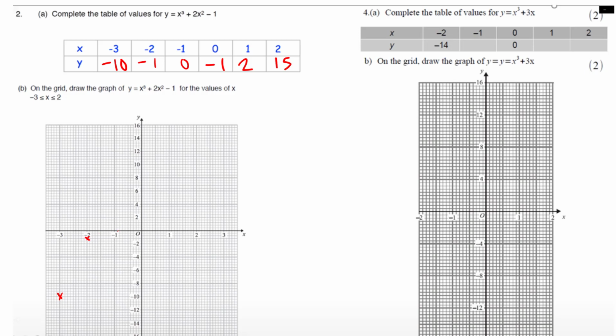Minus 1, 0, 0, minus 1. Now 1 was 2, and 2 was 15. And you can see the graphs like that, and all cubics, positive cubics are this shape, negative cubics are this shape.